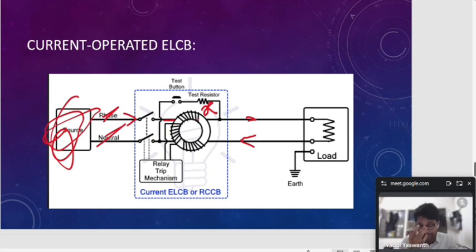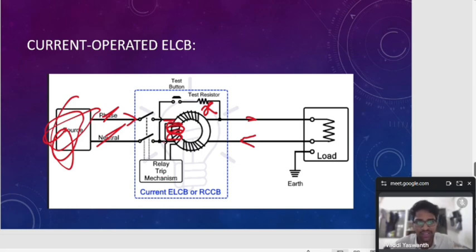If there is a leakage of current, then the net magnetic field will never be zero. Remember that. If it is not zero, then it must be detected by something. That something is the relay trip mechanism solenoid.